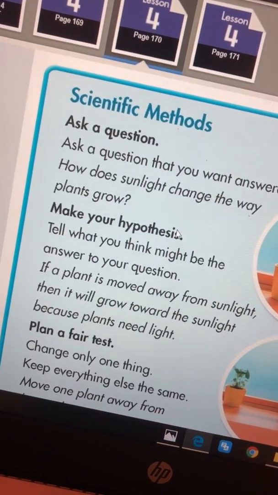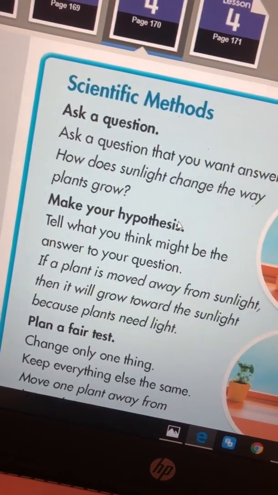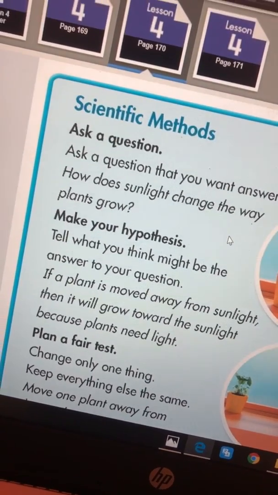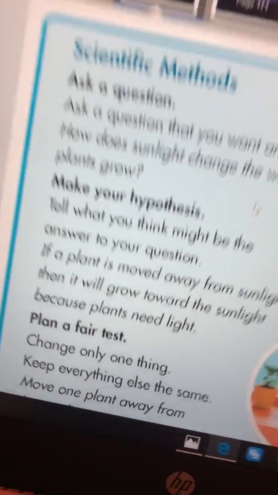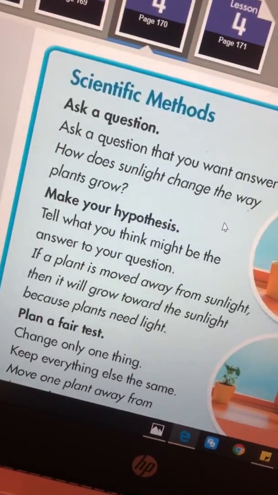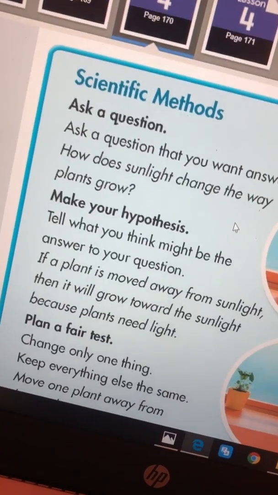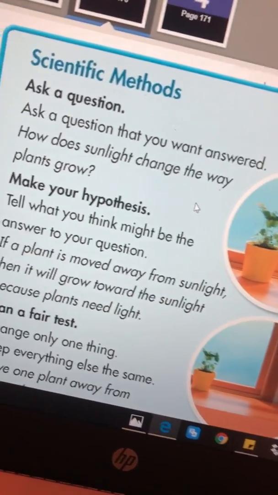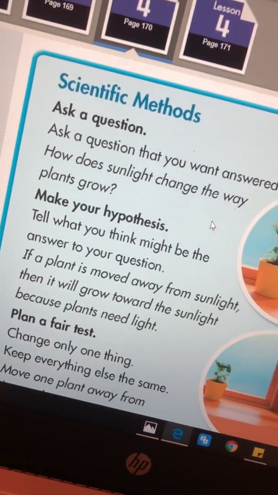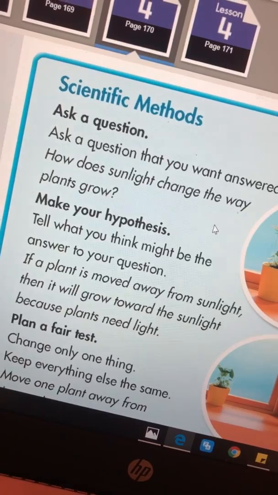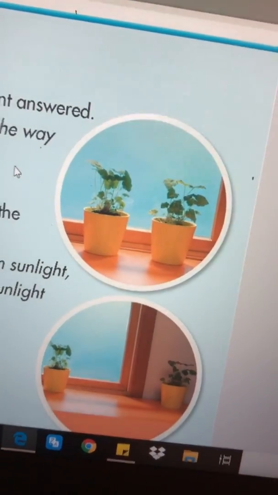First, you have to ask a question, then make your hypothesis. How can you make a hypothesis? By finding an answer to your question. You have to tell your answer. So hypothesis is to suppose. If a plant is moved away from the sunlight, then it will grow toward the sunlight.